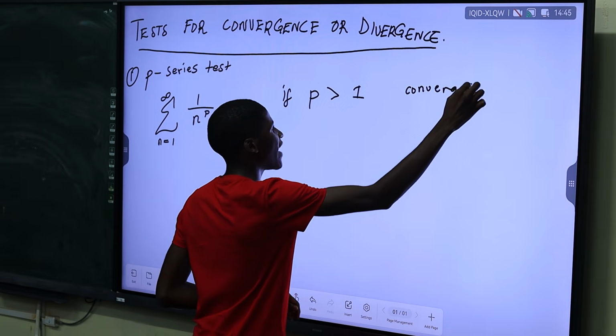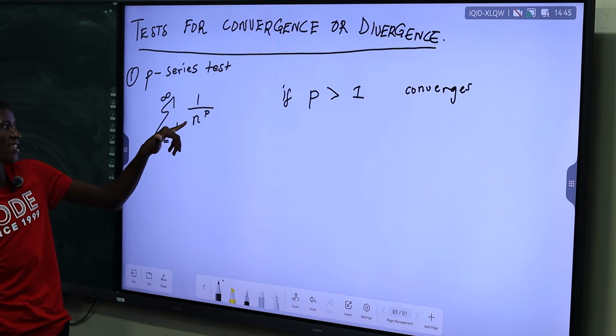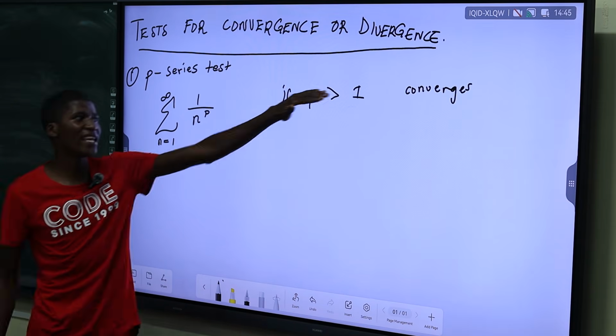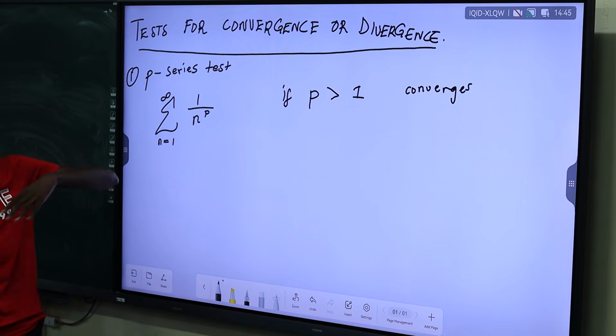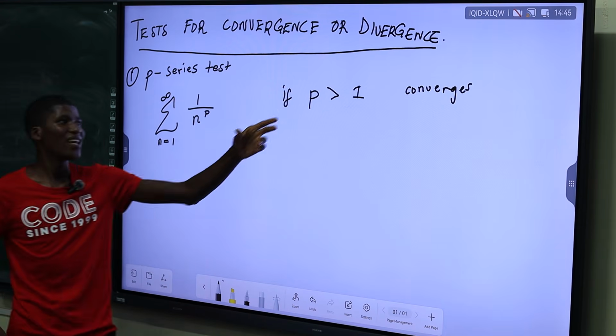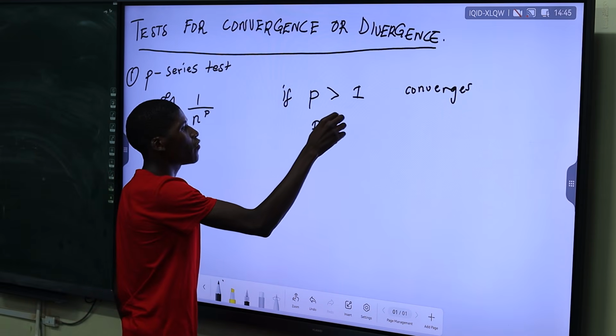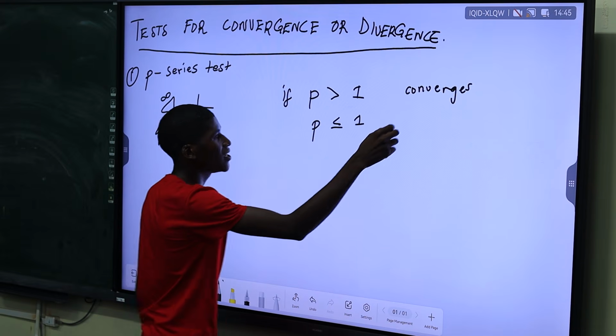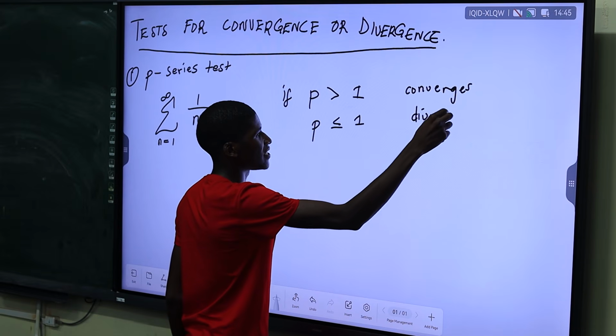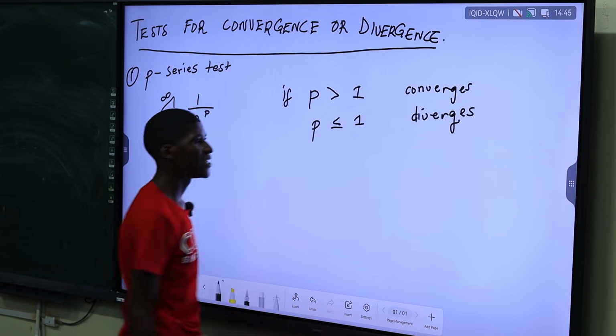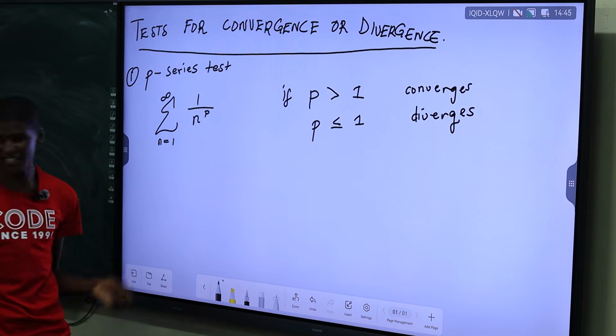So if the exponent that we are raising n to is a number greater than 1, then we say the p series converges. But if the value of p is less than or equal to 1, the p series must diverge. So this is diverging.